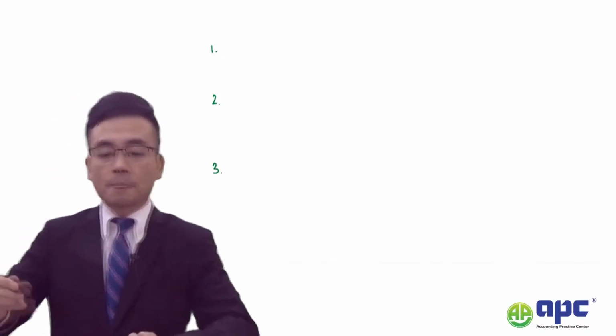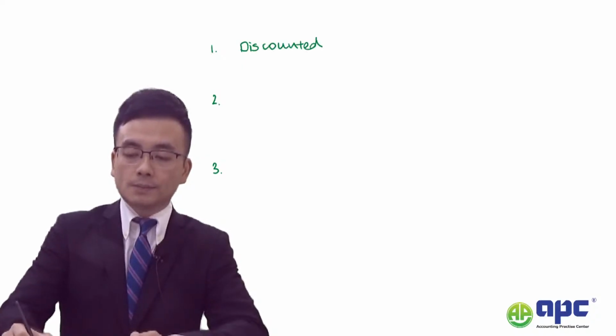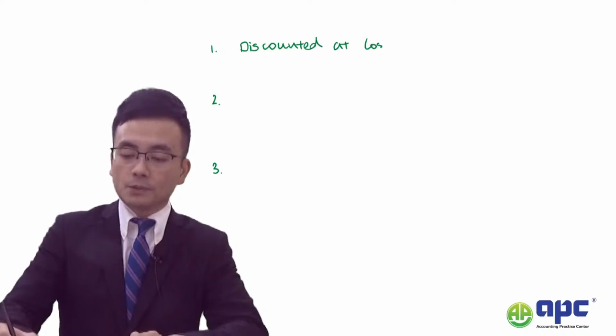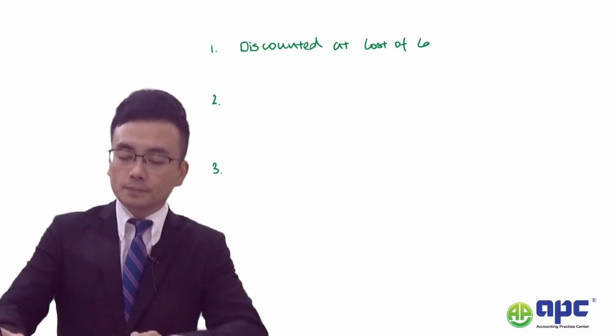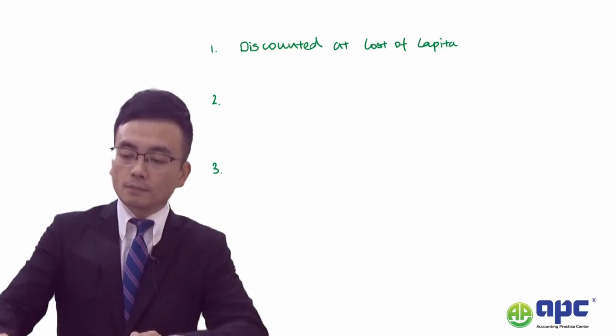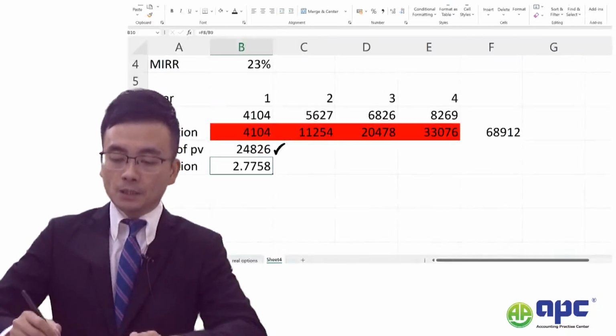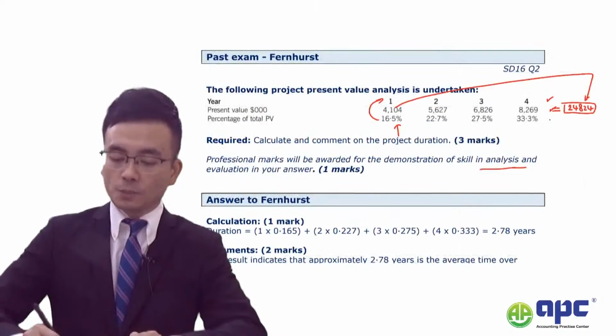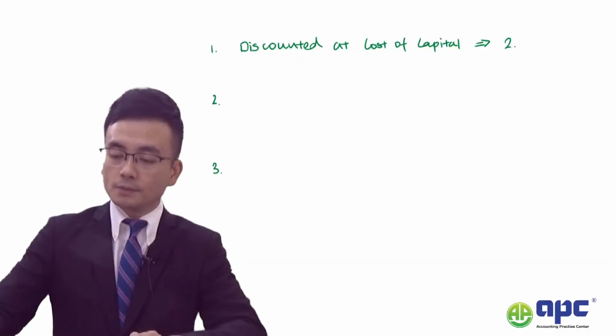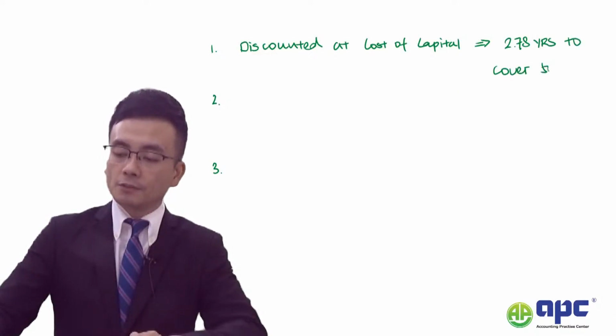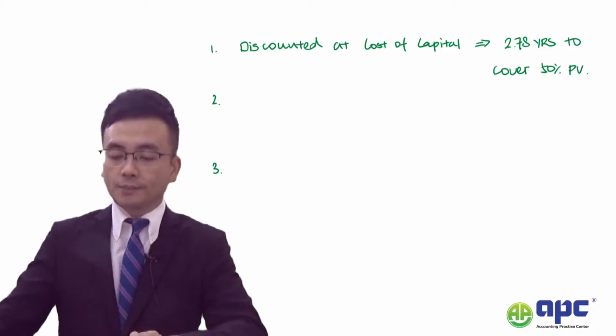So firstly, if it is discounted at the cost of capital, this means that it will take approximately 2.77 years or 2.78 years to cover 50% of the present value of the project.